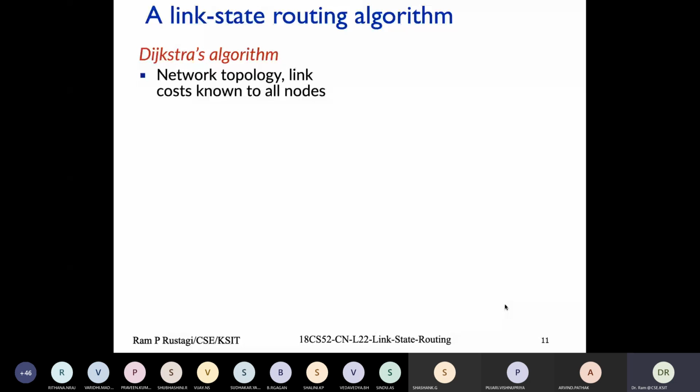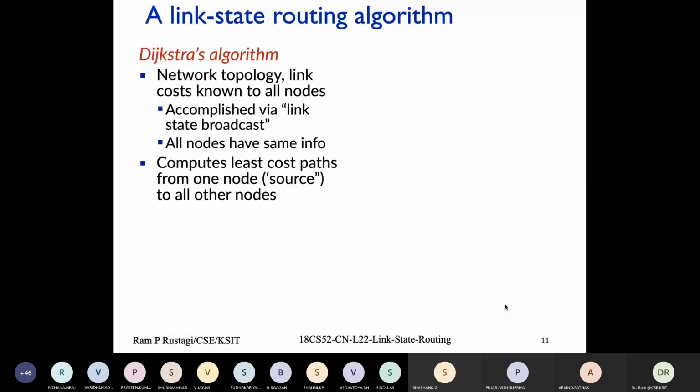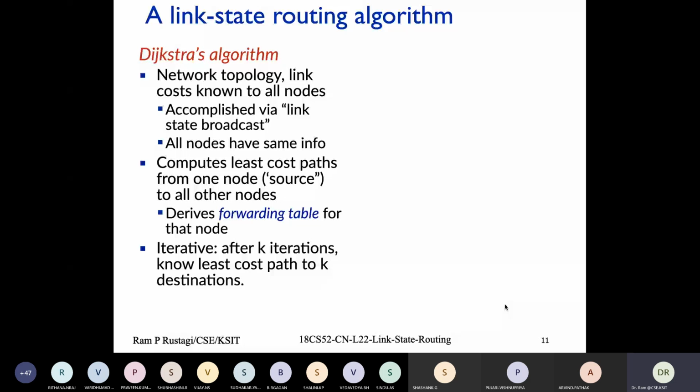So let us look at how my routing algorithm really works. When we work with link state broadcast, each router has the same topology of the whole network, because the message would eventually reach. Once we get the topology, each router computes the distance to other routers, and that is how the Dijkstra algorithm basically works.